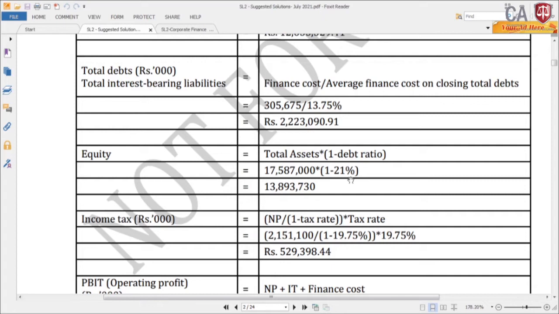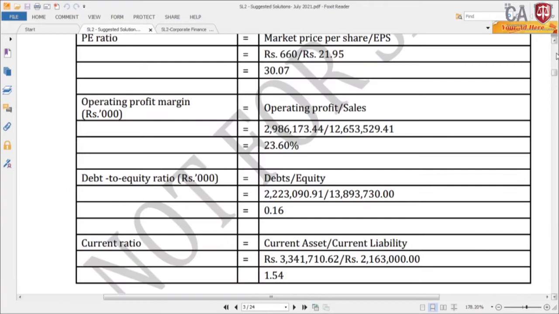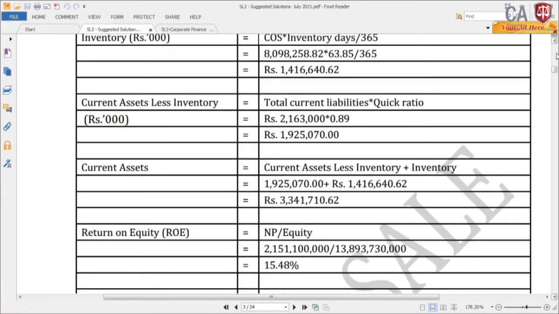So we now know the profit after tax and the equity. So you can now look at your return on equity, 2.1 billion divided by 13.8 billion. That gives you a return on equity of 15.48%.